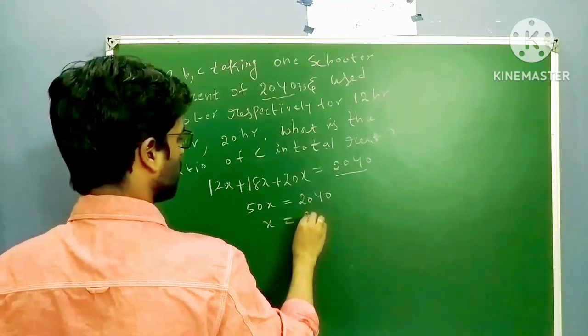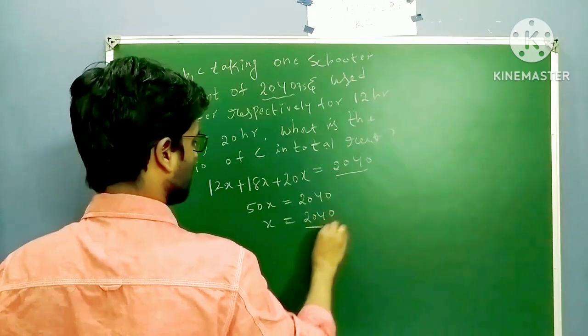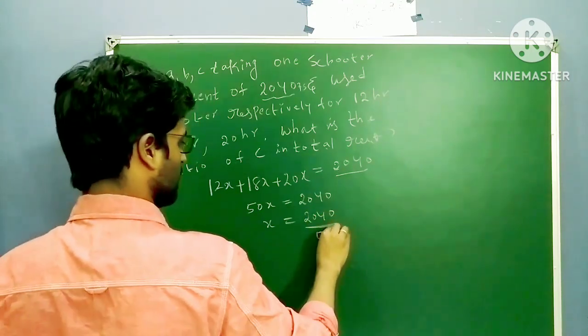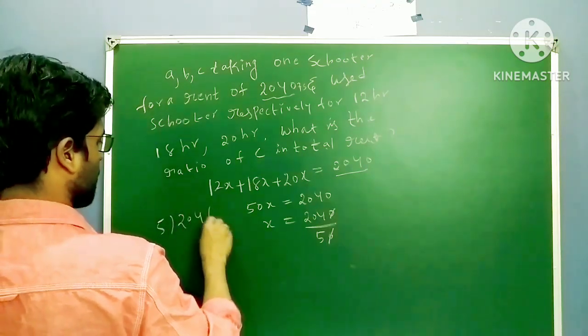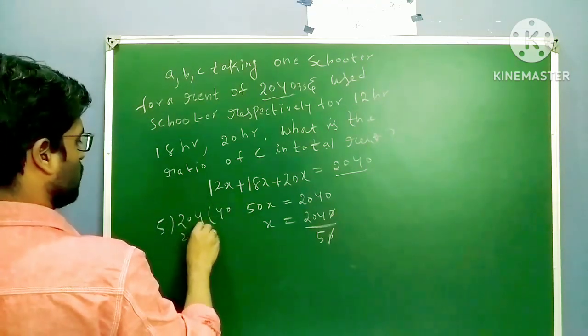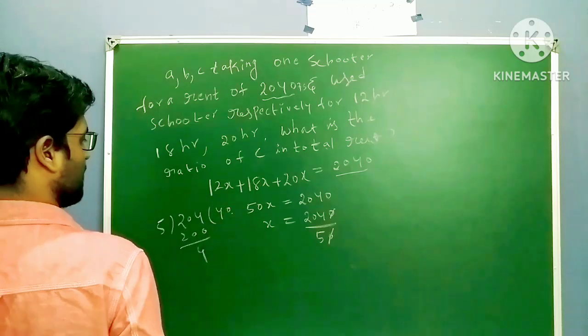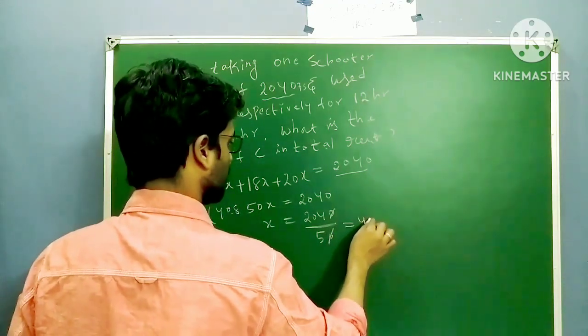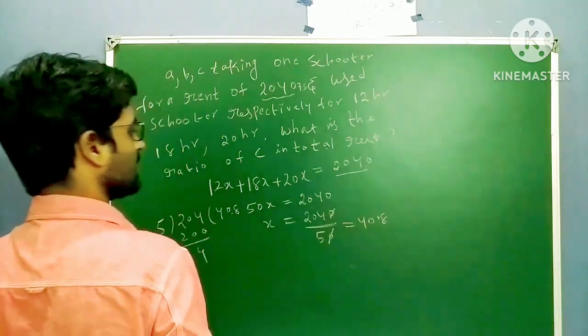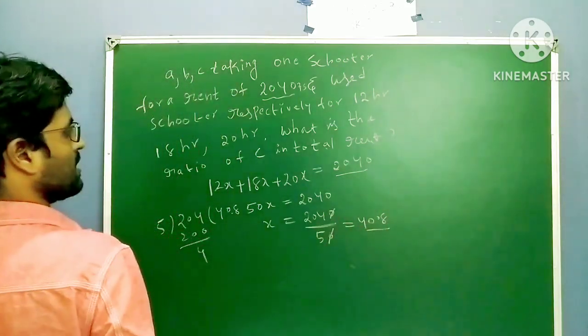So x equal to 2040 by 50. If you calculate this, approximately 40.8. This is the x value.